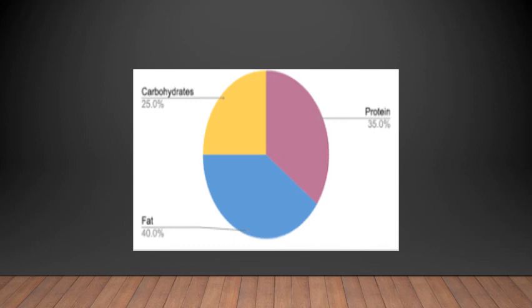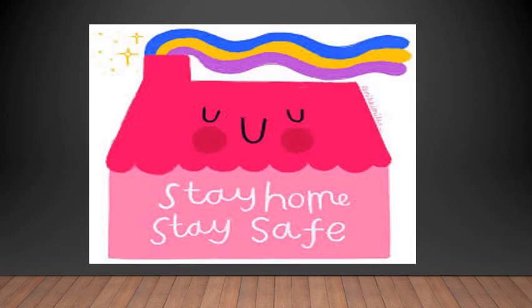If the circle is 100%, then we need 25% of carbohydrates, then 35% of proteins, then 40% of fat. Our body requires this much quantity of the nutrients that our food should have. That was about the food that we get from plants and about the carbohydrates, proteins, and fat.